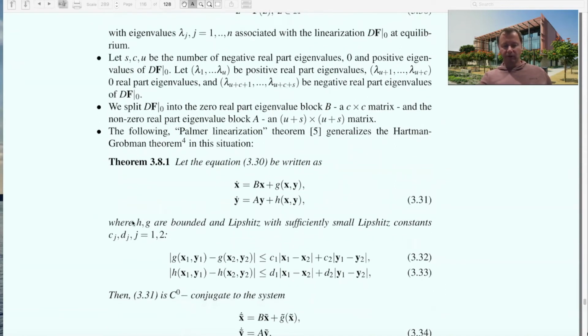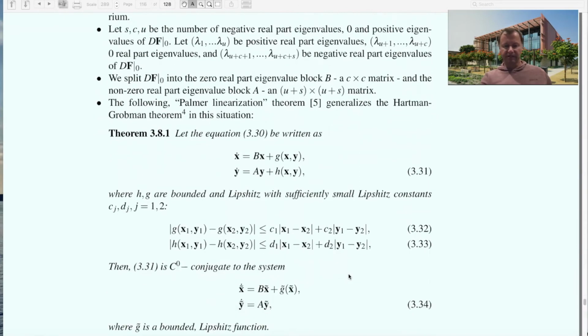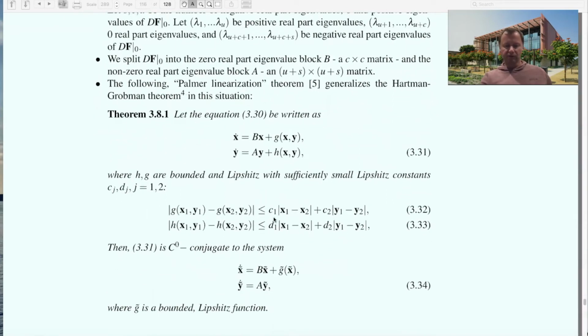And we are going to request that h and g be bounded and Lipschitz with sufficiently small Lipschitz constant. This basically ensures that g and h don't grow faster than linearly at infinity. That's the basic idea of these conditions.